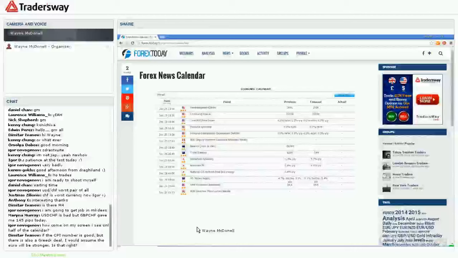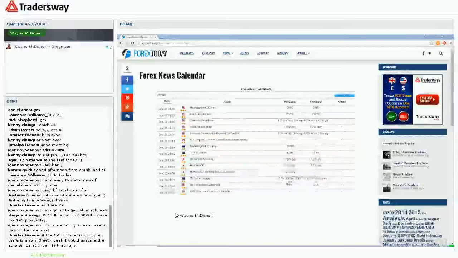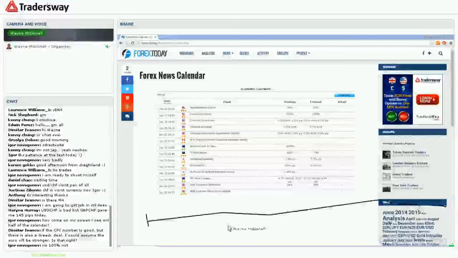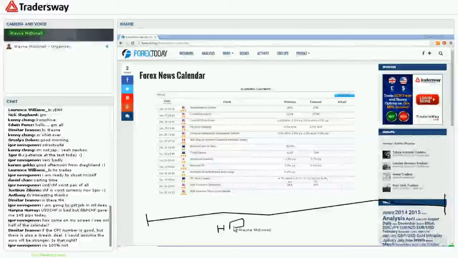Hey, Igor, your screen is probably low resolution. Because traders generally have high resolution screens because they want to fit as many charts on their screen as possible. The site's designed here, as you can see, mine is showing at HD. So it's a high definition site. But even my cell phone is HD.